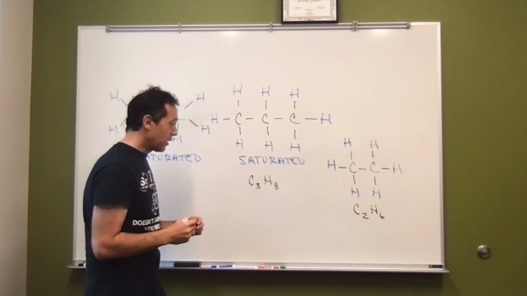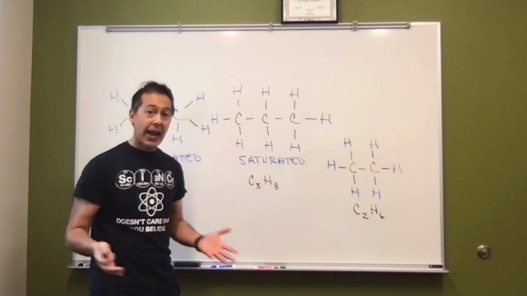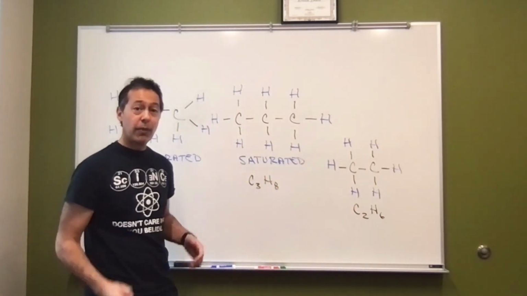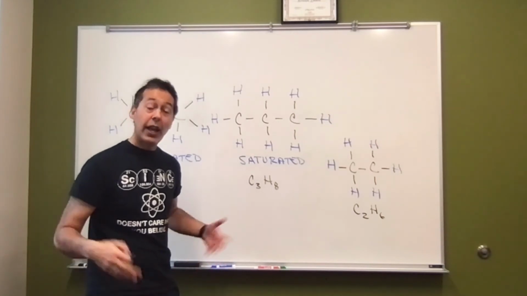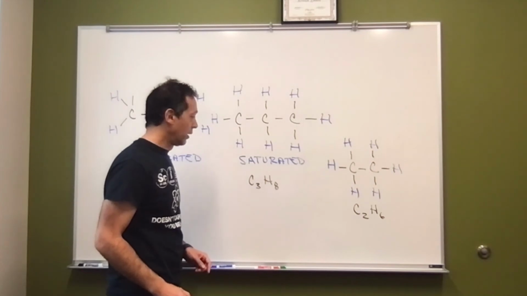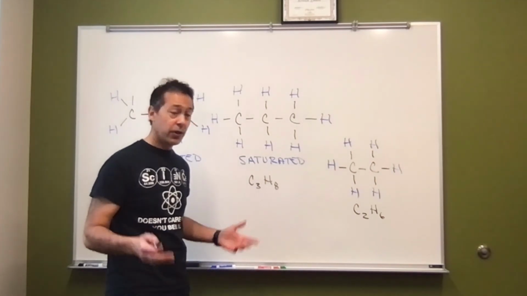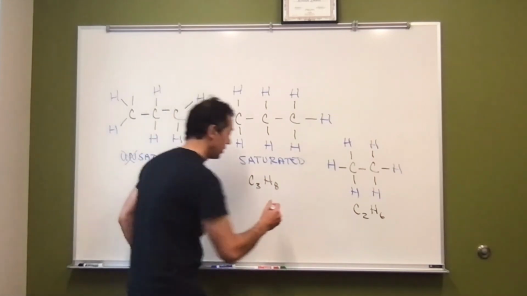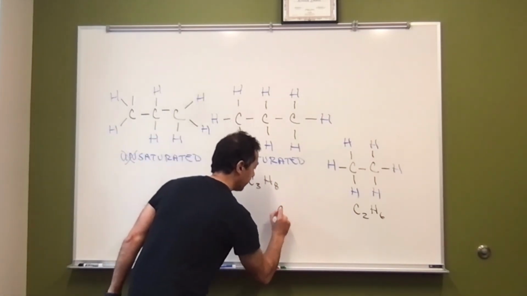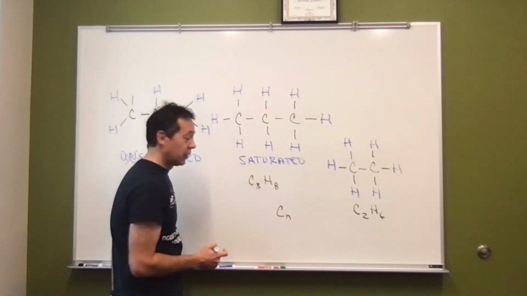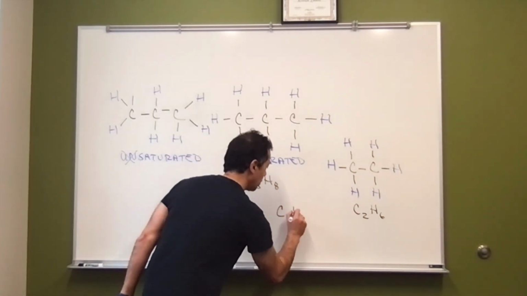Okay, so now the question is: is there a pattern? Is there a mathematical pattern here for my saturated hydrocarbons and their formulas? And it turns out there is. The general pattern for these saturated hydrocarbons is going to be some number of carbons, Cn, plus Hn.